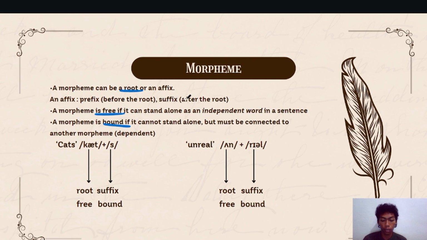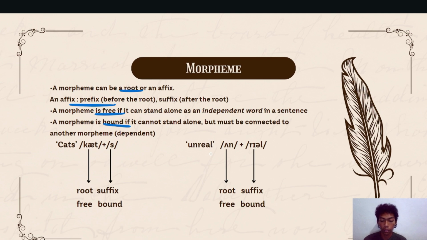Speaking of roots, that's another thing we talk about in morphology. A root is the core of a word. It carries the main meaning. An affix is something attached to the root, either at the beginning, called a prefix, or at the end, called a suffix, or in rare cases even in the middle, called an infix.